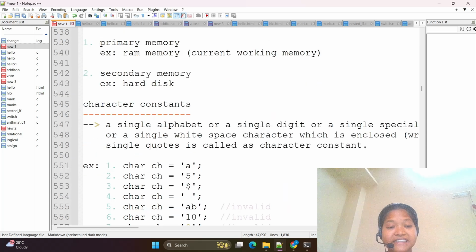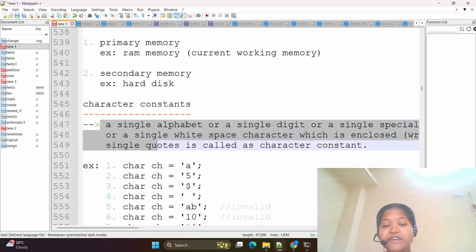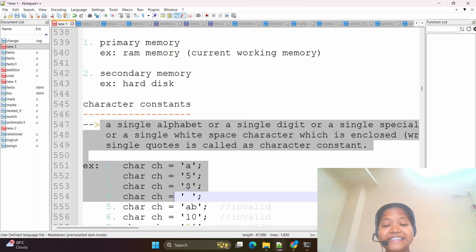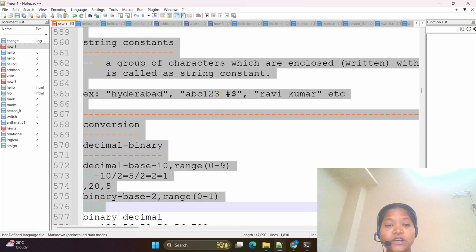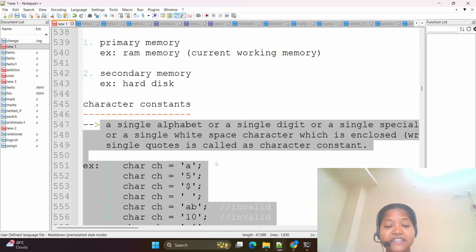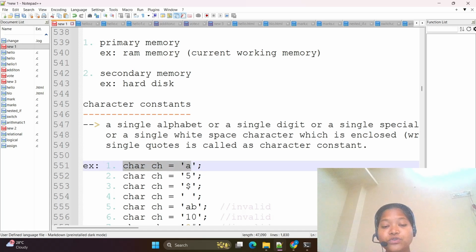See here, character constants are there. As I have already told you, what is a character constant? A single alphabet or a single digit or a single special character or a single white space, enclosed within a single quote, is called a character constant. See, all are character constants. Char ch equal to 'a', we are storing character a into the variable called ch.